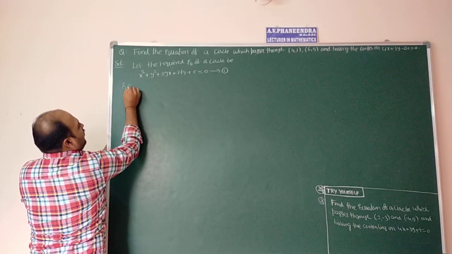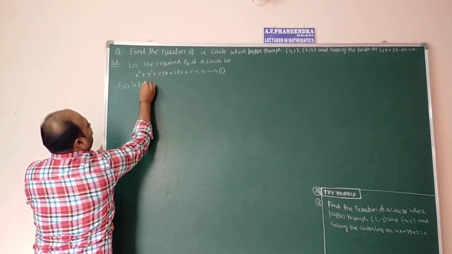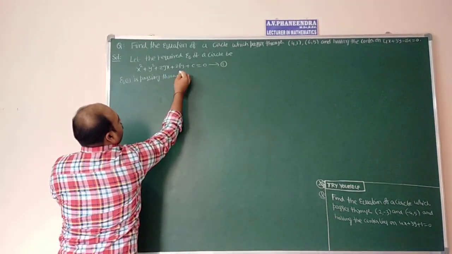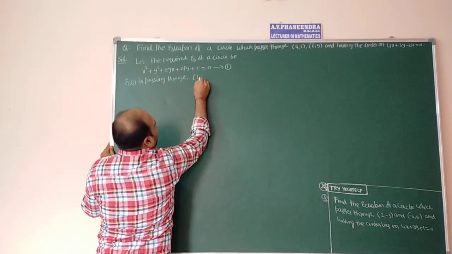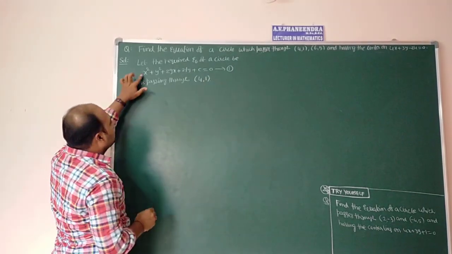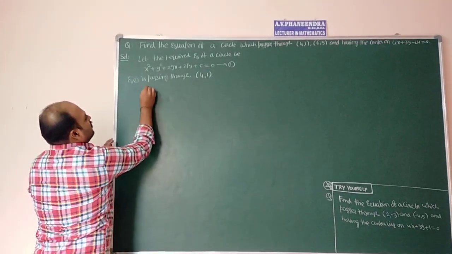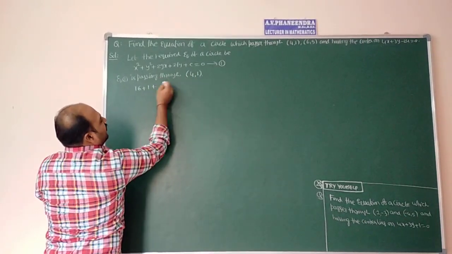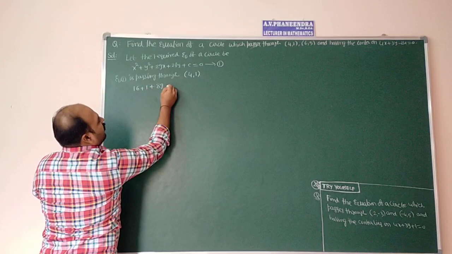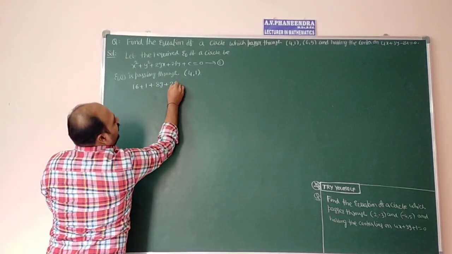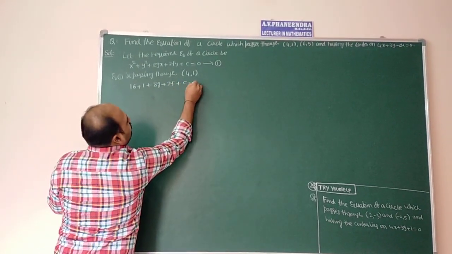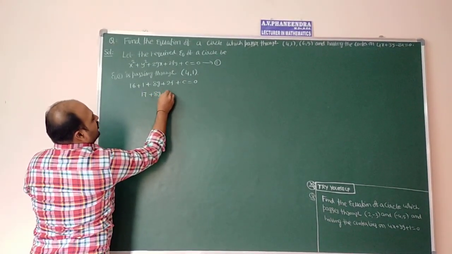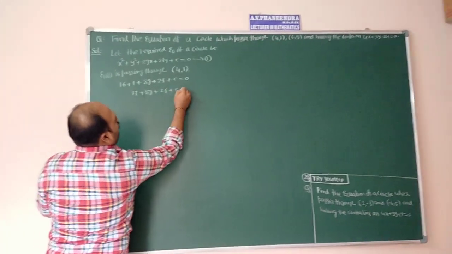In the next step, equation 1 is passing through the first point (4, 1). In place of x, y, substitute 4, 1. So 4 square is 16, plus 1 square is 1, plus 2g into 4 is 8g, plus 2f into 1 is 2f, plus c equal to 0. 16 plus 1 is 17, plus 8g plus 2f plus c equal to 0.